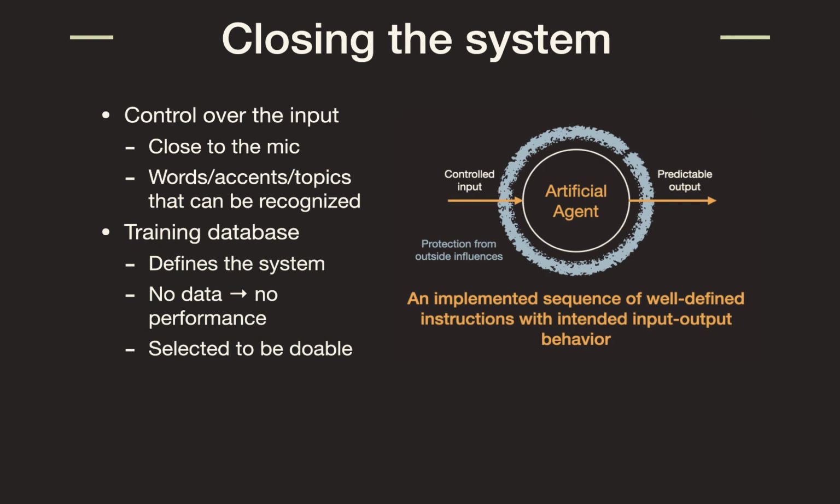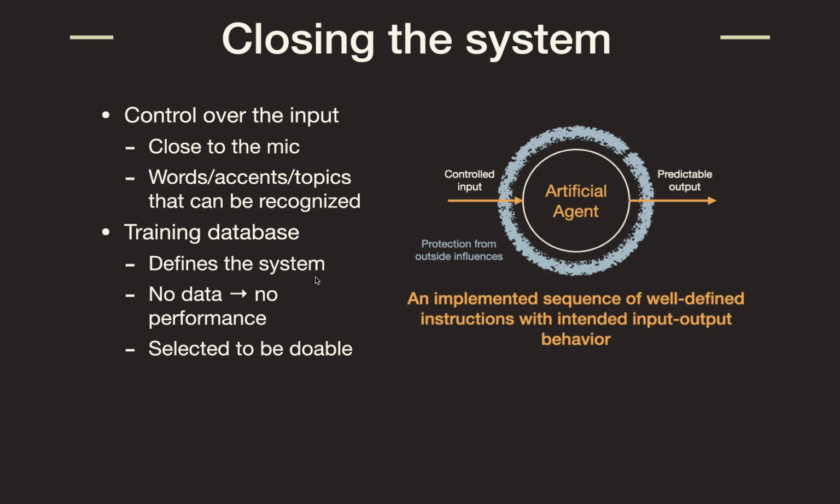Another thing is that a training database basically closes the system. Yeah, so it defines what the system can and what the system cannot do by simply including stuff in the database and excluding others. And database makers are very good in ensuring that the system does a particular thing and is not confronted with particular other problems.